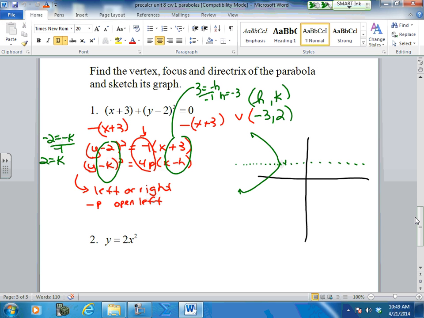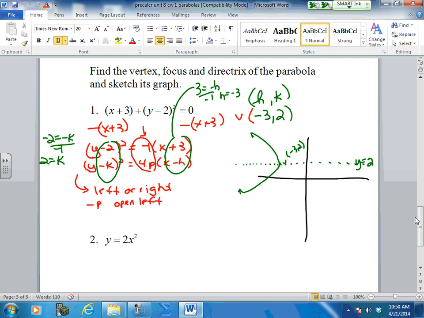So I want you to think for a minute, if this vertex point is -3, 2, what is your axis of symmetry? Well, what's the equation? I need a line that goes like this. Y equals 2. See where Tatiana got that from? My axis of symmetry.